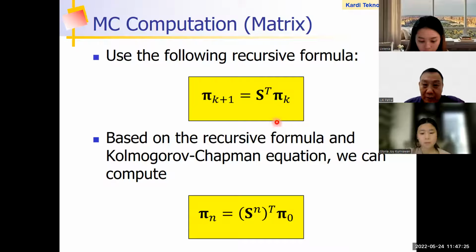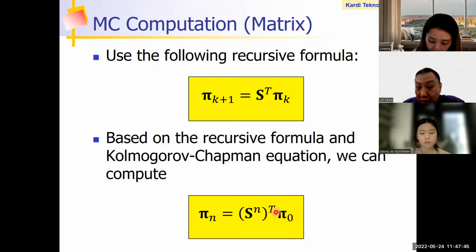So based on this recursive formula, and you combine it with the Chapman-Kolmogorov equation, the Markov chain formula is not recursive but based on V0.